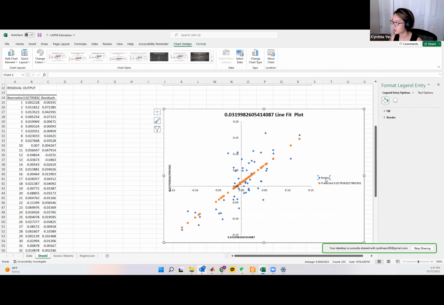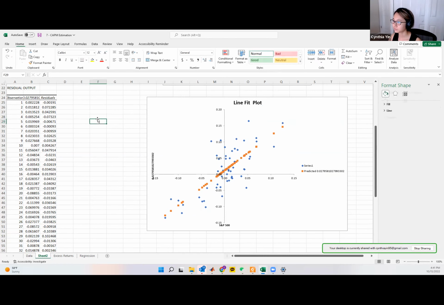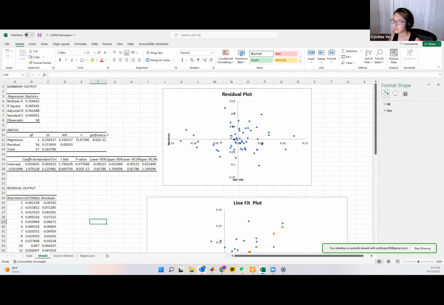You can change all of the things here, including labels and titles. I was wrong earlier: the fitted line basically means the orange dots, the predicted Google excess return. If you don't choose that option, you will not have this one. That's it. It's very simple.